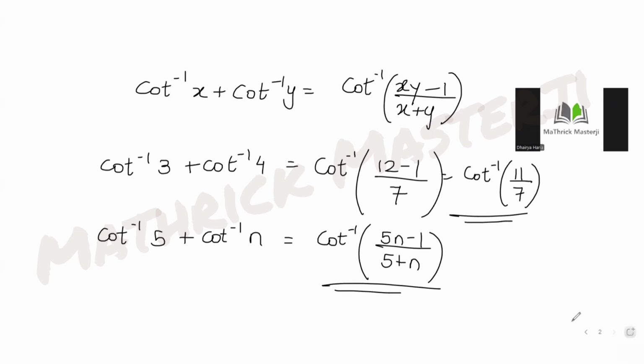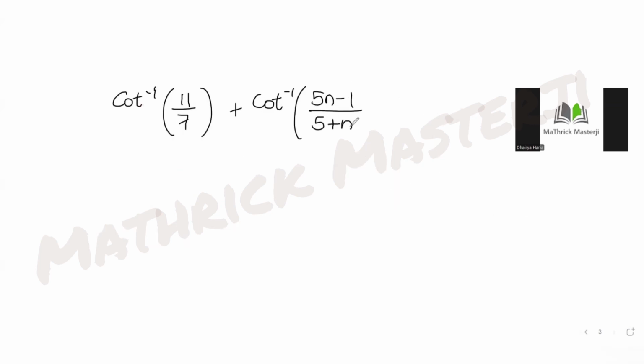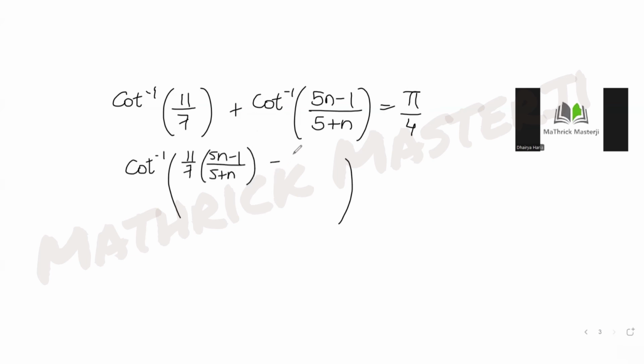Now, if I put these results here, my expression becomes cot inverse of 11 over 7 plus cot inverse of (5n minus 1) divided by (5 plus n) equals pi over 4. Using the same idea again, I get cot inverse of [11 over 7 into (5n minus 1) over (5 plus n) minus 1] divided by [11 over 7 plus (5n minus 1) over (5 plus n)] equals pi over 4.